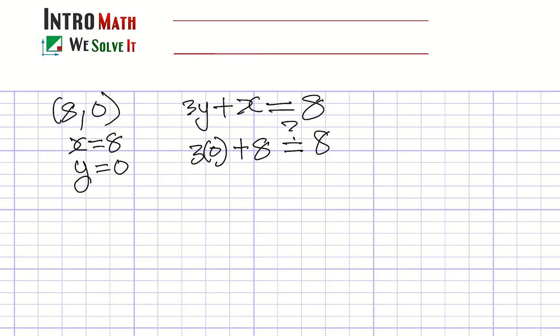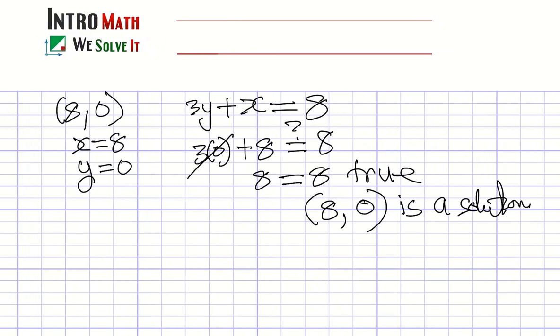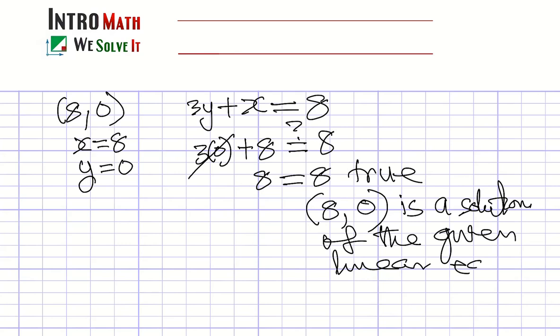That's the question. This cancels out, so we'll have 8 equals 8. And this is true. Therefore, the ordered pair (8, 0) is a solution of the given linear equation. That's all.